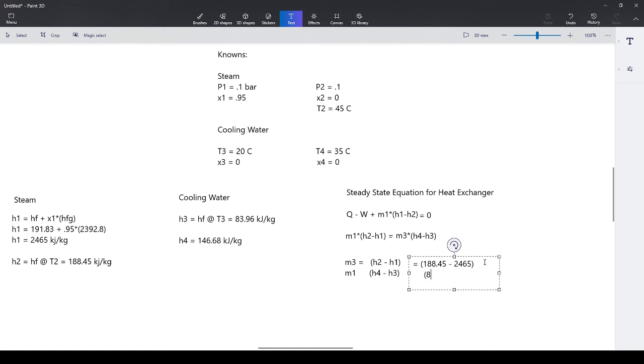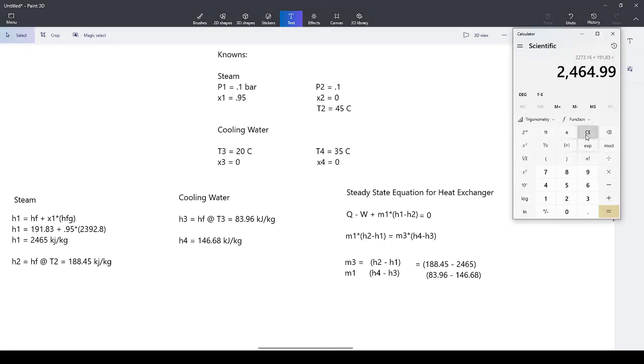Since I know how this is going to come out, I'm going to manipulate the equation just a little bit and change the sign while I'm doing it, because that's just what we need to do. So I'll do it on here: 188.65 minus 45, whatever. Same difference.